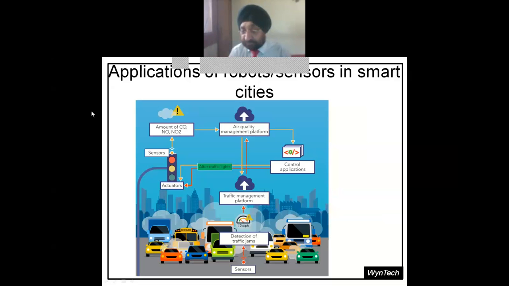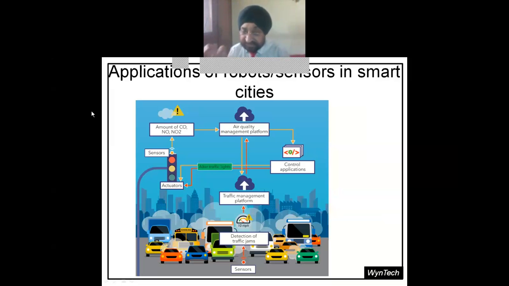But if we have the actuators, then we know that the green light from the Connaught Place side should be on for more time as compared to the traffic coming from the Children's Park side or the ITO side, because people are coming more from the Daryaganj side or the Connaught Place side to go to ITO, Jamna Par or whatever places are there.